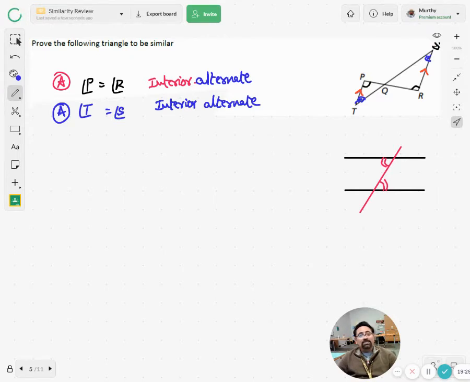Now, in case I ask you to write these two triangles as similar, the first one you can write in any order, say PQT, PTQ, in any order. But while writing the second one, you have to be very careful. You have to take exactly the same order as the first one.